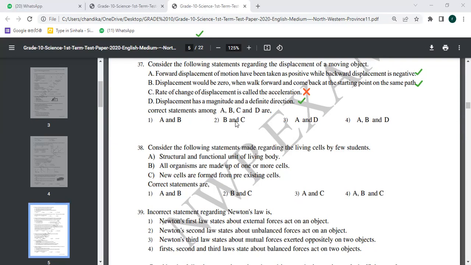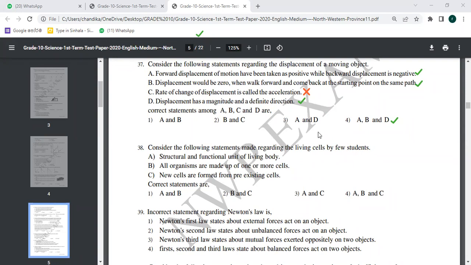Correct statements among A, B, C, D are A, B, D. So after the statements, before finding the responses, you put ticks or crosses. That time it's very easy for you to find the correct answer, right?